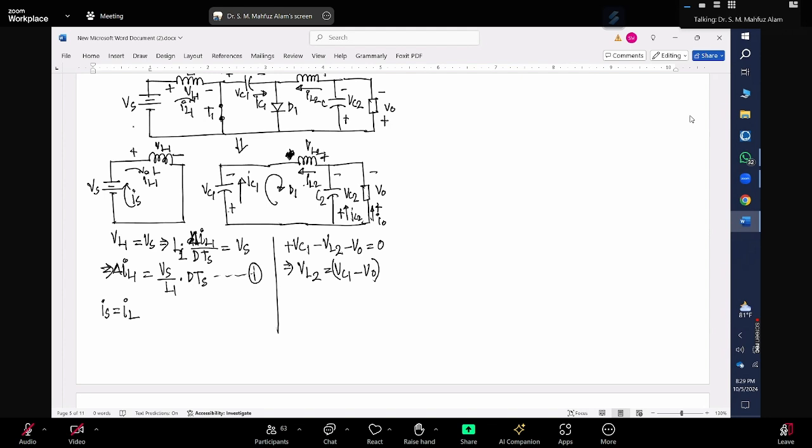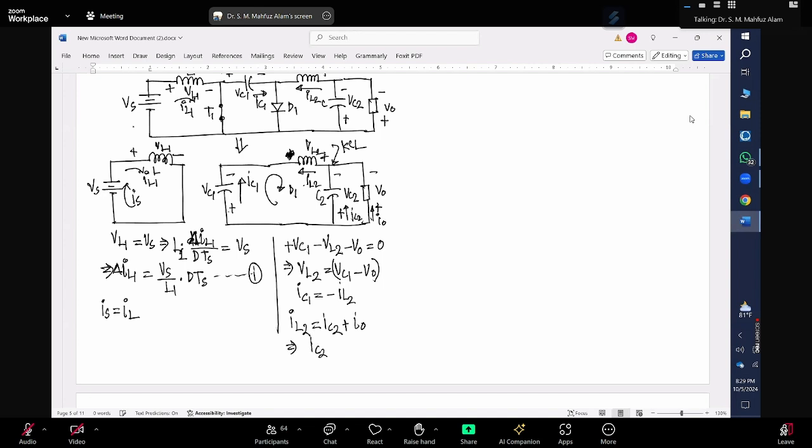Yes, sir. And now, if I want to relate IC and IL2, these two directions are different, right? So we can write IC1 is minus IL2. And then if I put KCL at this point, we can write IL2 should be equal to IC2 plus I0.